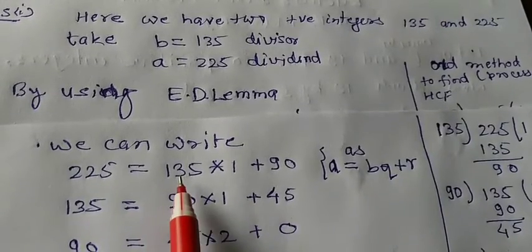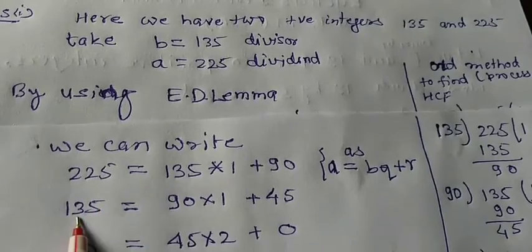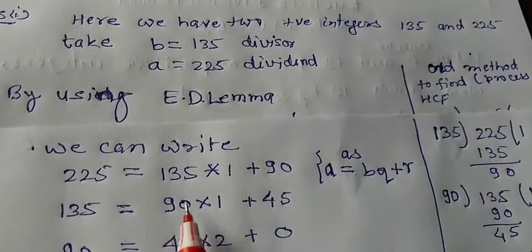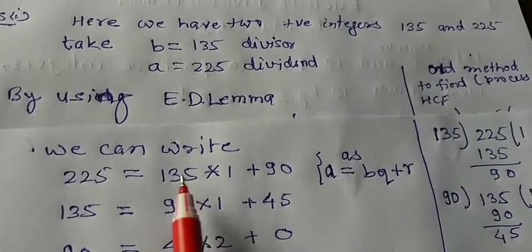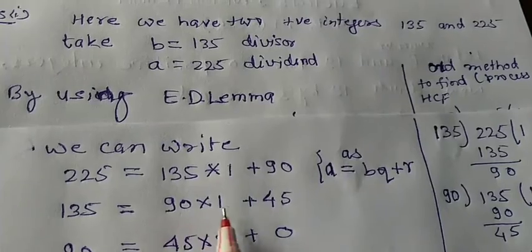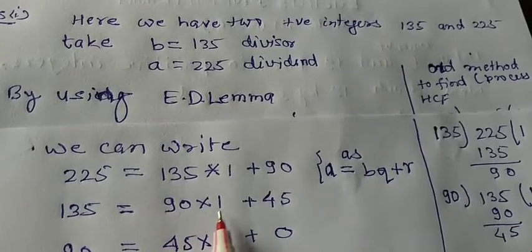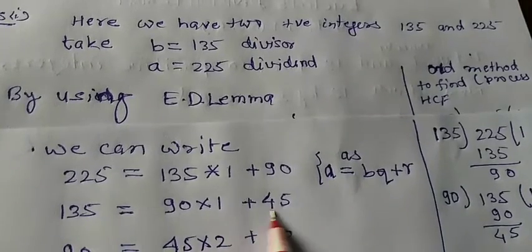Take the divisor as the dividend, and the remainder as the divisor. So we got two new numbers, 135 and 90. With these two new numbers we can get another two new numbers Q and R.